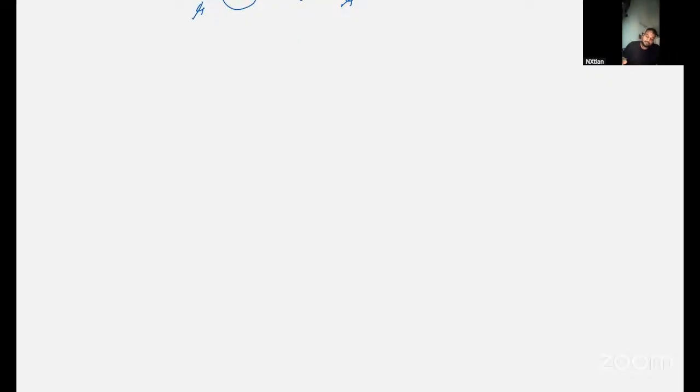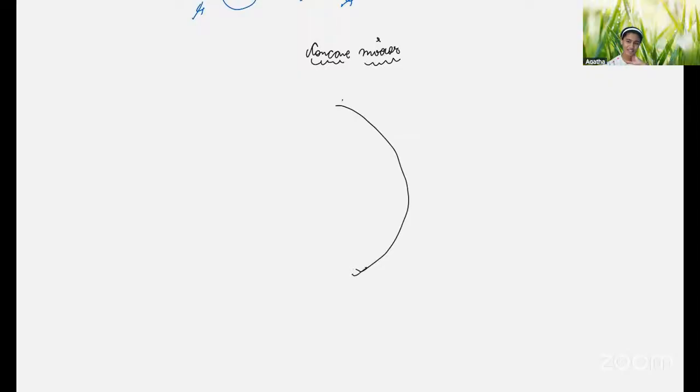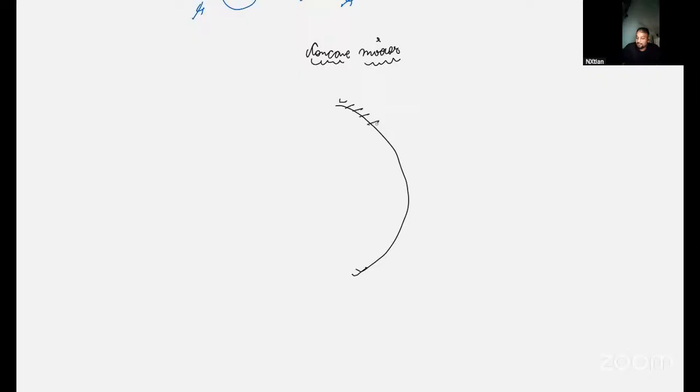Now, for revision, first of all, which mirror is this, Agatha? What type of glass was it? I think a concave glass. Concave. So this is a concave mirror.